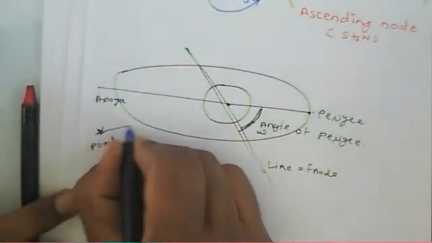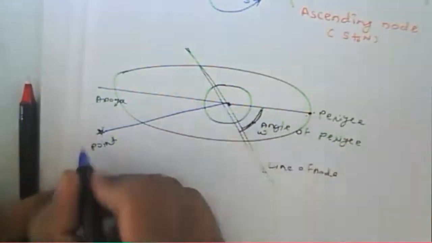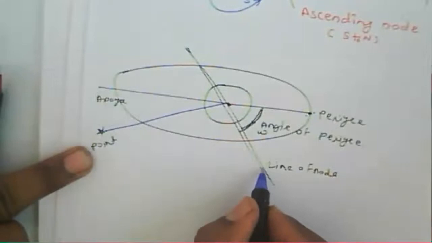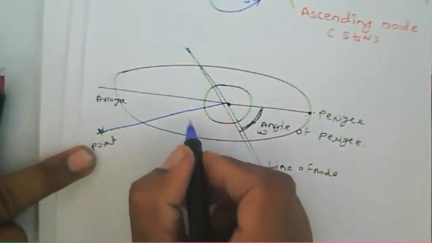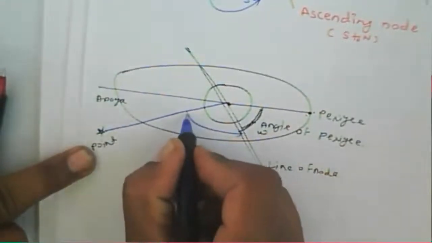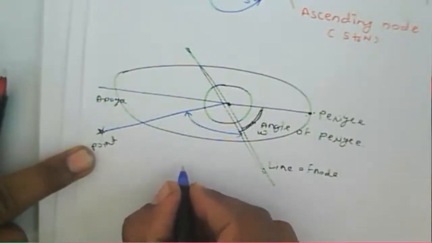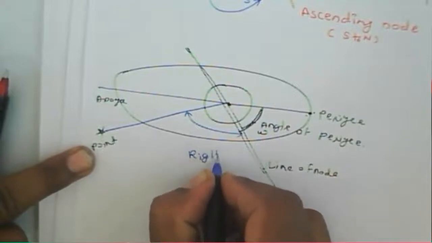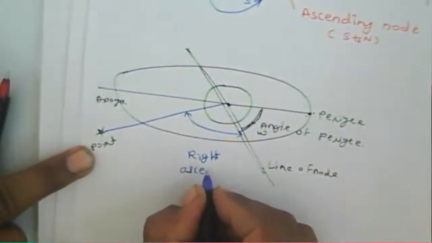The angle from this reference point, the vernal equinox, to this particular line of nodes, we call the right ascension.